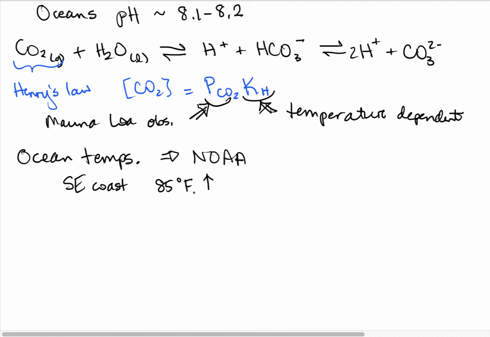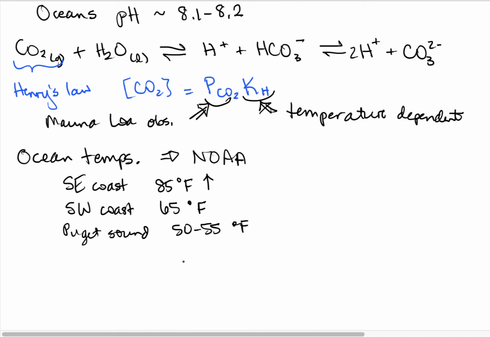And of course, this is surface water. As you go deeper, it would of course get colder. If you look at our California coast, the water temperatures there are more like 65 degrees. It's still fairly cool. Puget Sound right now is in the 50s, depending on where you are. And over on the Olympic coast, it's more like the California coast, around 65.